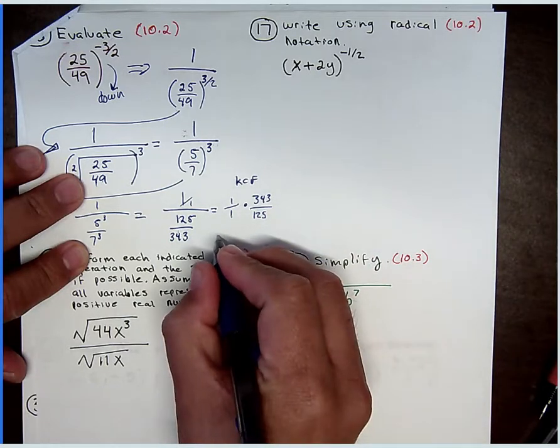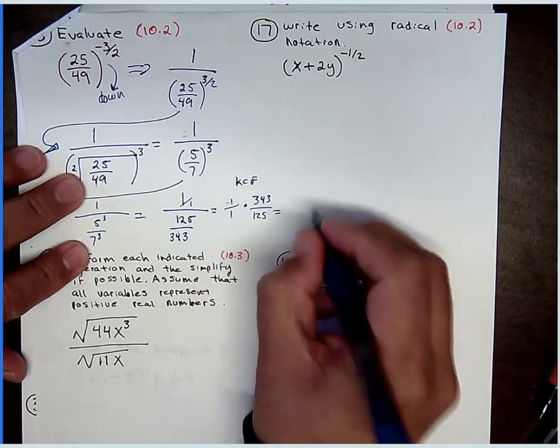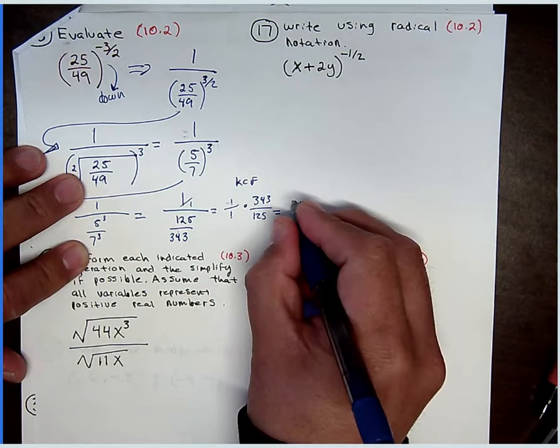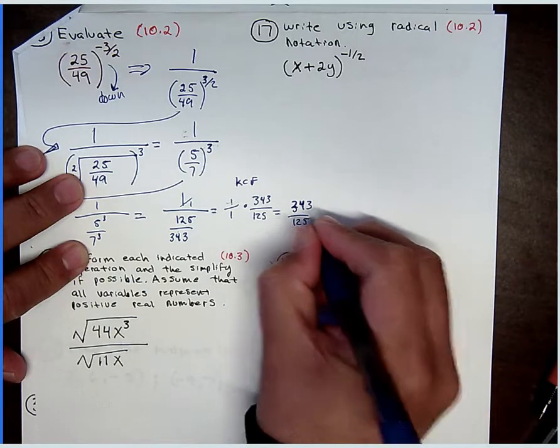So the answer for this one would just be 343 over 125.